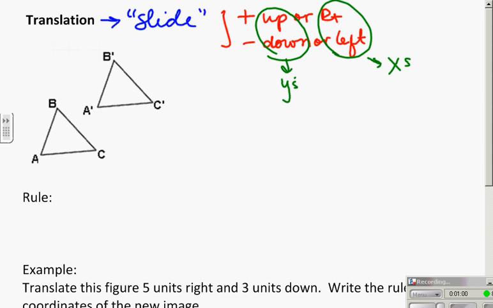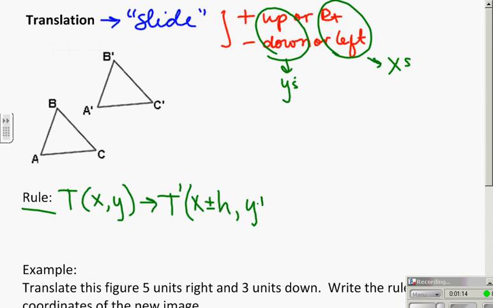And the way we write the rule for this, I come down here, the way we write the rules, we talk about our original, T of x, y, is going to become T prime by whatever we add or subtract from our x and whatever we add or subtract from our y. So h and k will become numbers that tell you how to translate, how to slide the picture from its pre-image to its image.